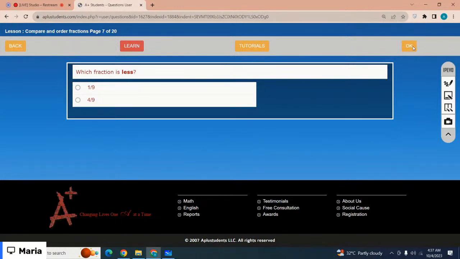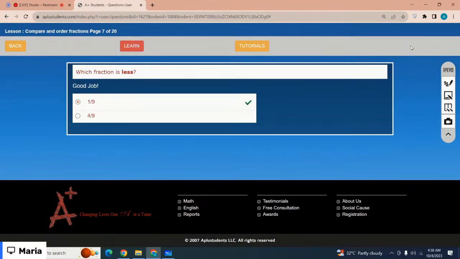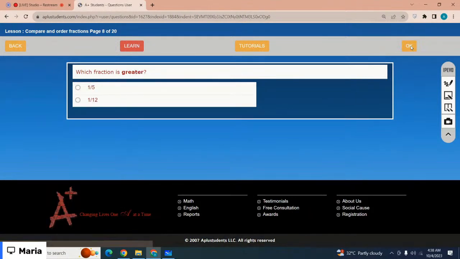Which fraction is less, 1 over 9 or 4 over 9? That would be very good. 1 over 9 is less than 4 over 9. Which fraction is greater, 1 over 5 or 1 over 12?